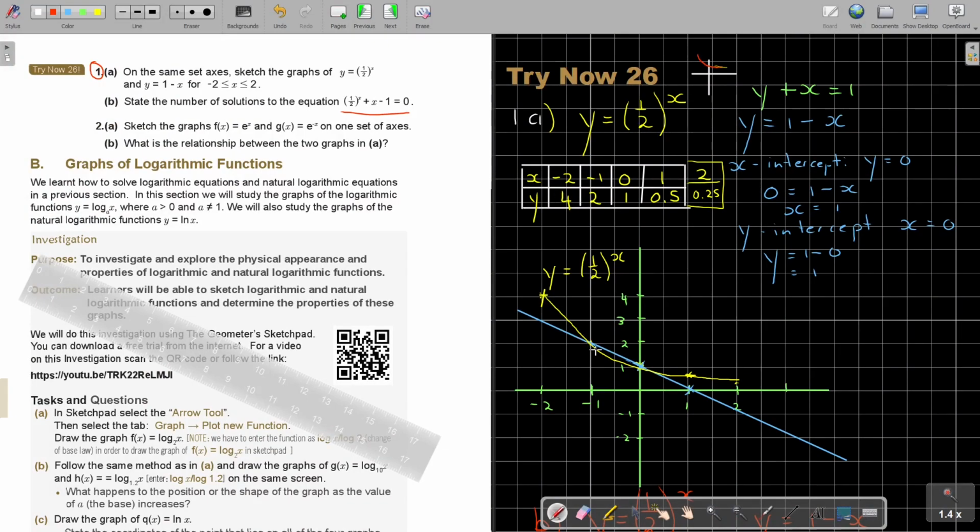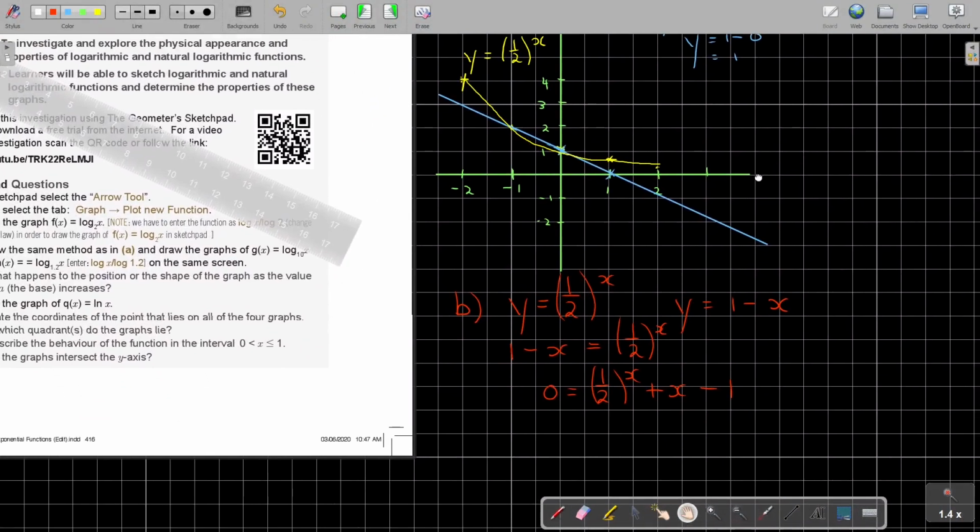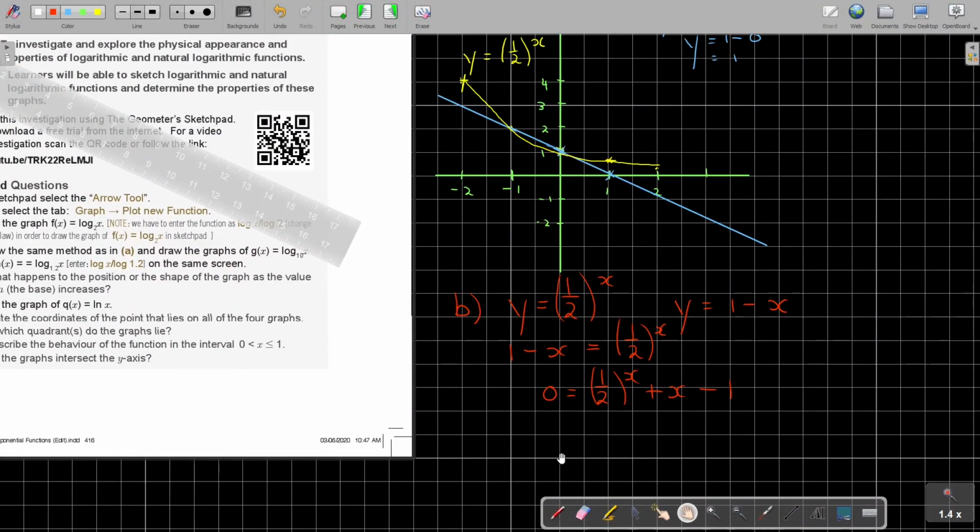As I said, my graph was a little bit off, and it was better to first draw this one. You can even check it on Symbol Lab, as I showed you in previous videos, just to see that you are correct.